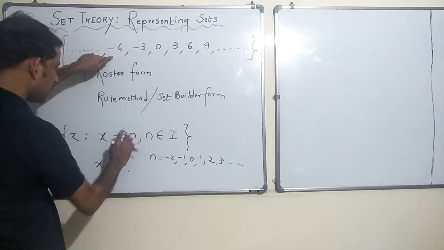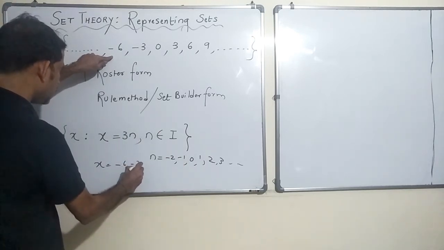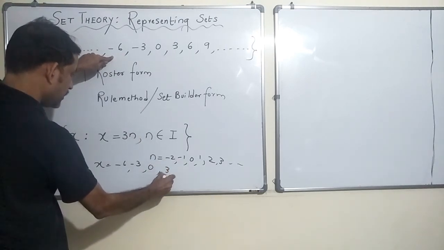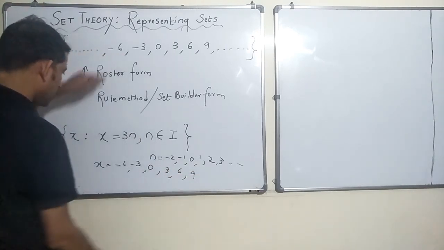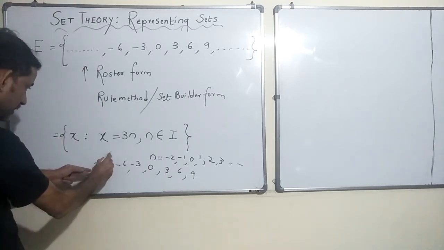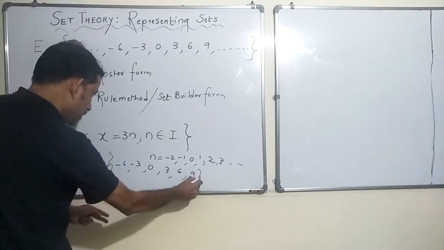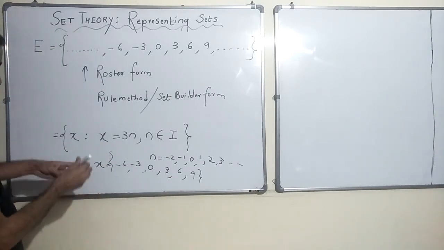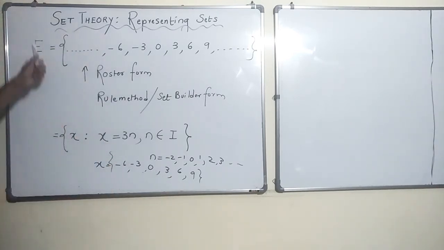Minus 1 into 3 is minus 3. 0 into 3 is 0. 1 into 3 is 3. 6 and 9 and so on. And E is a set of x, and these are the values that x can take. So yes, we have represented the same set in a set builder form.